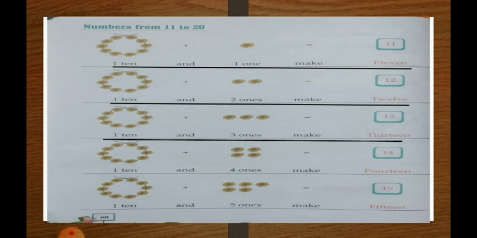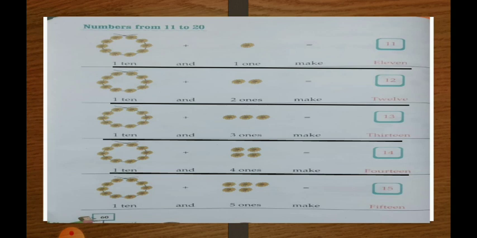So you can say 1 ten and 4 ones make 14. You have to see in your textbook also, and put a finger. That 10 flowers garland you count as a 1 ten, and after 10 you count the separate flowers.